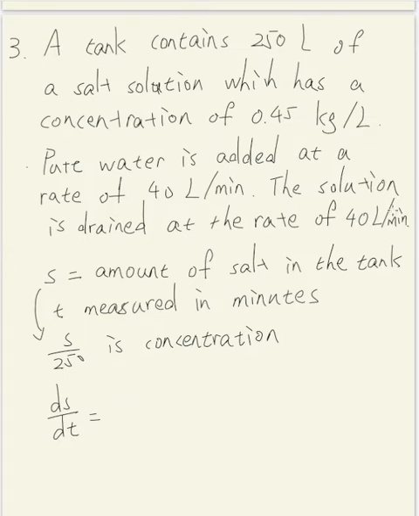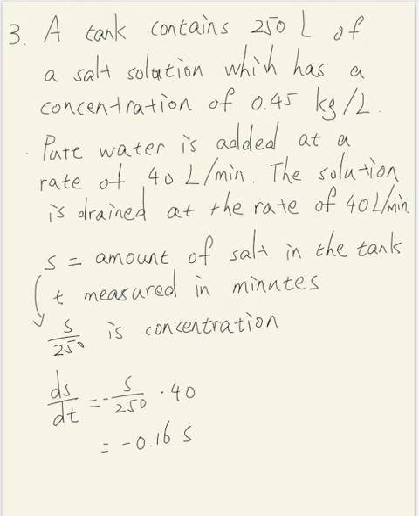Okay, the liquid is drained at the rate of 40 liters per minute, and we have the concentration of the liquid, which is S over 250. So the amount of salt leaving the tank is S over 250 times 40. There's a minus sign because it's the salt leaving the tank. Okay, and 40 divided by 250 is 0.16, so this is minus 0.16 S.